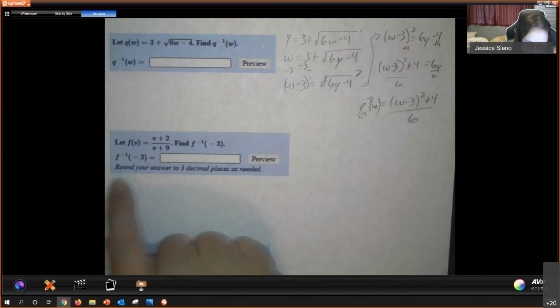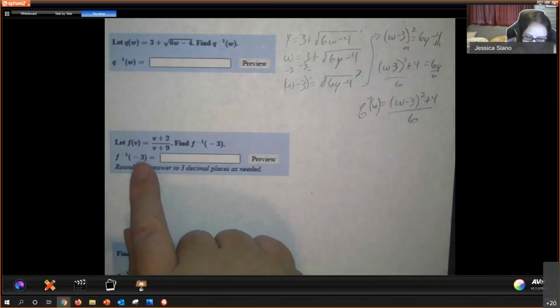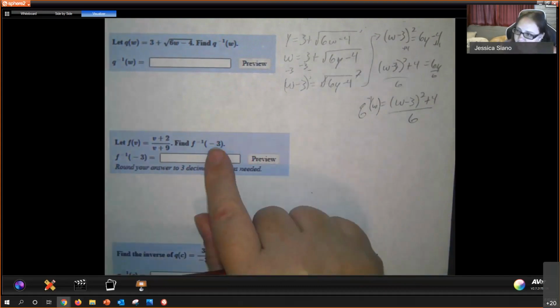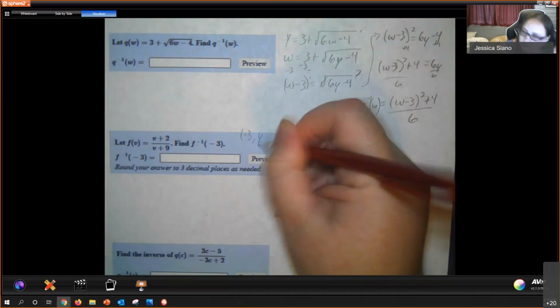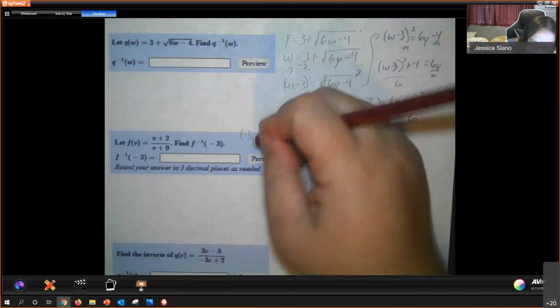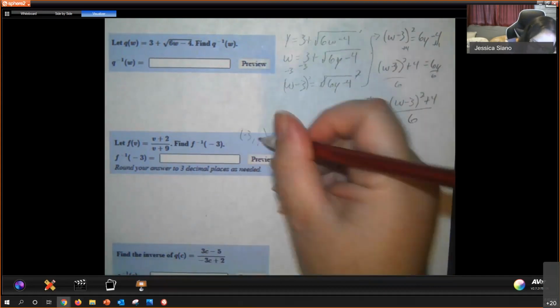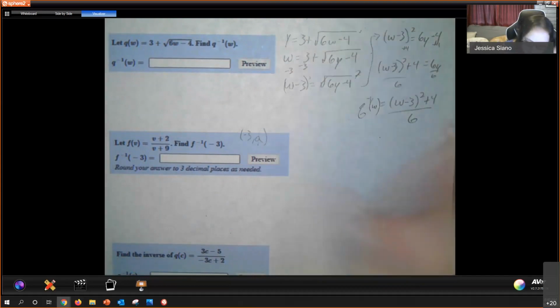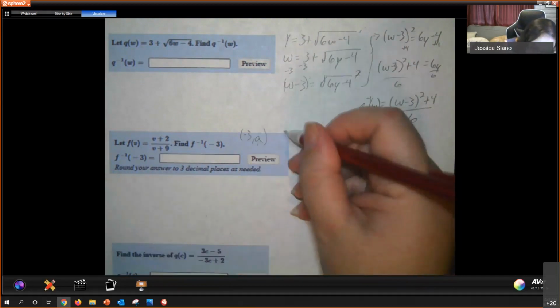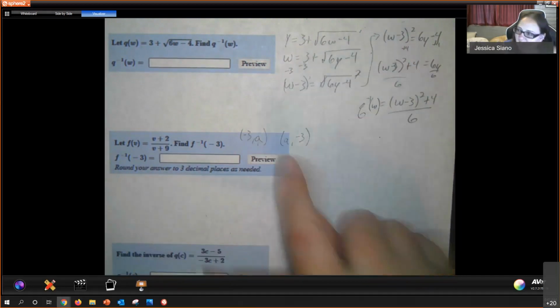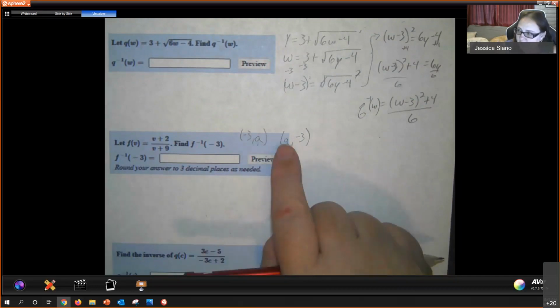All right. So for this one right here, f inverse of -3. So that means that there's a point on the inverse that is -3. Let's call it A. And they want us to find this A value. Well, that means on the original, there is some point A, -3 where these A's are the same.